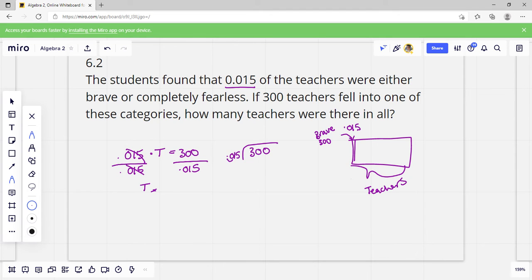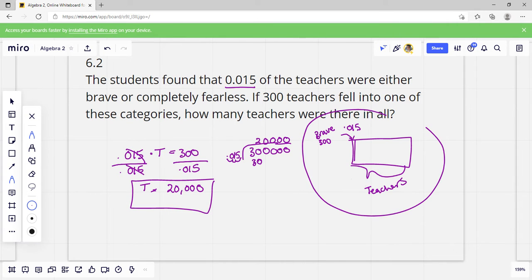Now you can use a calculator for this if you want. 15 times 2 is 30. And then I'm just going to bring up all of these zeros. And the answer on that one should be 20,000. Yep, there's that. So if you need to draw a little diagram like this when you're working these problems, sometimes that's helpful.